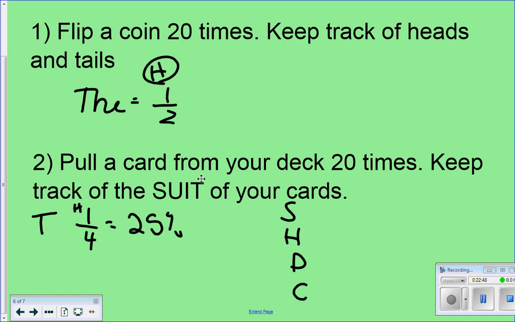Uh-oh, that's not going to be good. Just throwing it. Don't need it or anything. Oh my gosh, here we go.